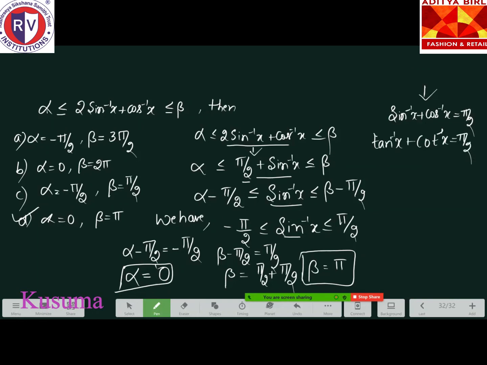And also we have secant inverse x plus cosecant inverse x is equal to pi by 2. Okay. So these are the results that are very helpful while solving inverse trigonometric problems like this. Keep it in mind. And you must know the range where the sine inverse lies. That is, sine inverse will lie between minus pi by 2 to plus pi by 2.